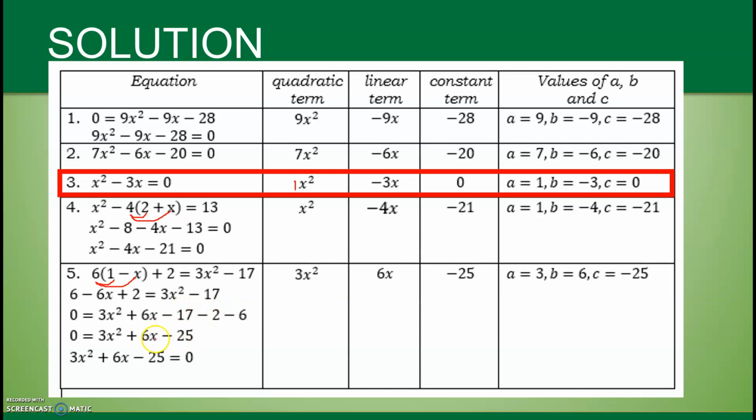So negative 25. Sir, why is it that this one, the first line, is just equal to this one? So there is a property that justifies that one. Okay, so when you flip the equation, they are still equal. So 3x squared plus 6x minus 25 is equal to 0. Same goes here in number 1.